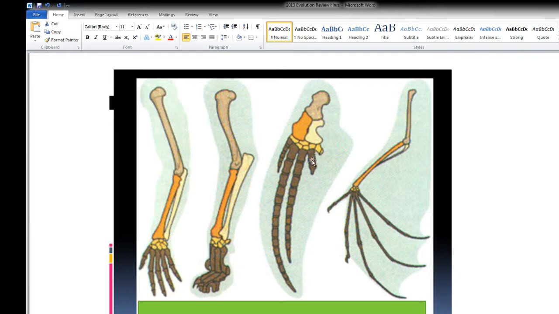We don't share that necessarily with a whale and a cat. So even though this basic structure might be homologous from a common ancestor, certain individual parts are not homologous. They're from different ancestors.